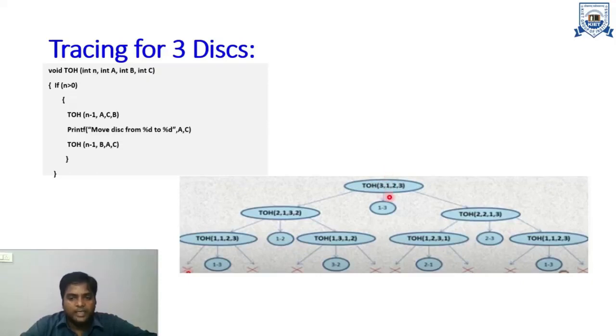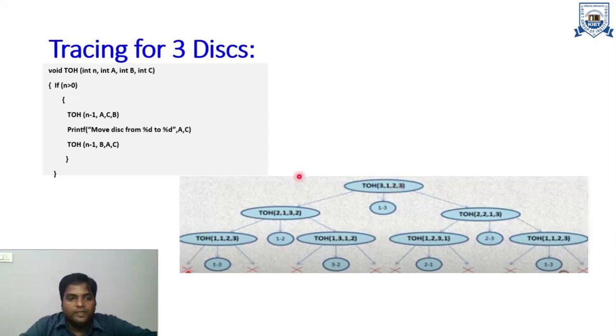Source A will be numbered as 1, tower B will be numbered as 2, and tower C will be numbered as 3. So A is 1, B is 2, and C is 3. A is the source and C is the destination, and B is the middle one that is being used.